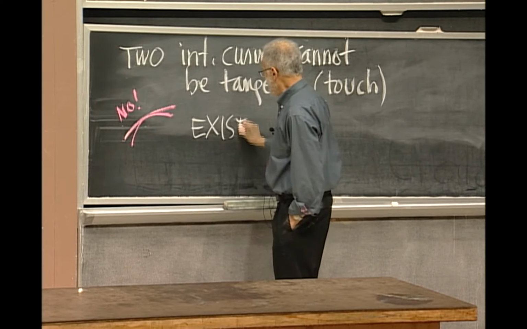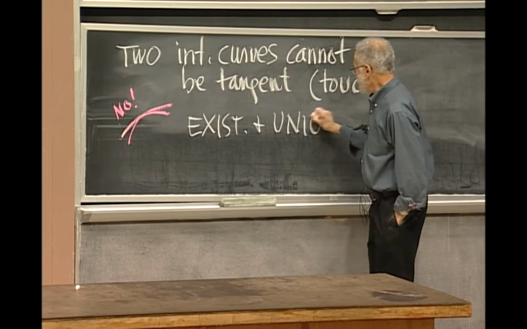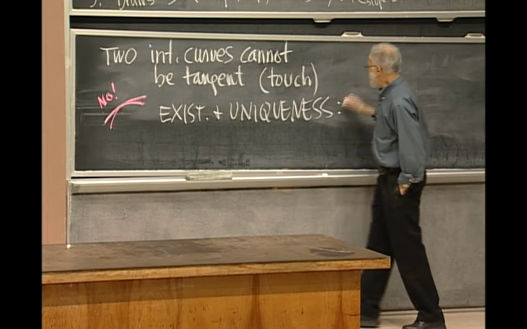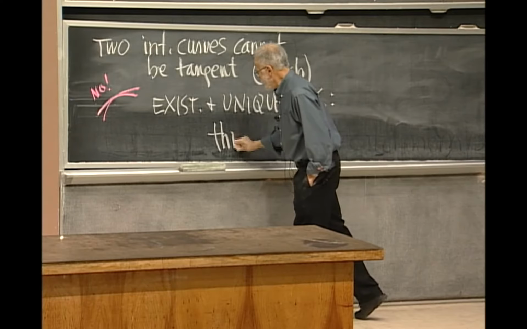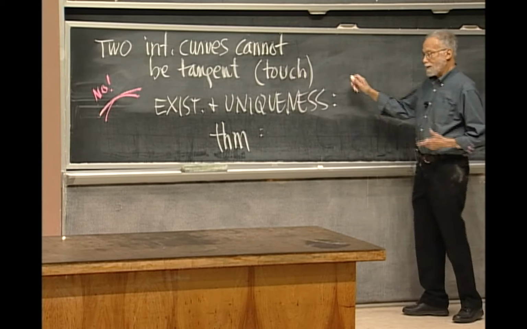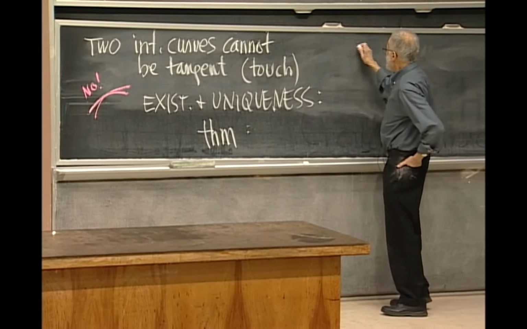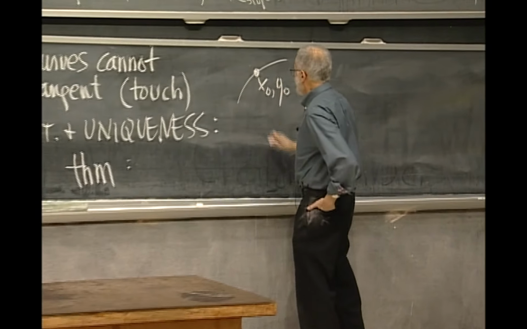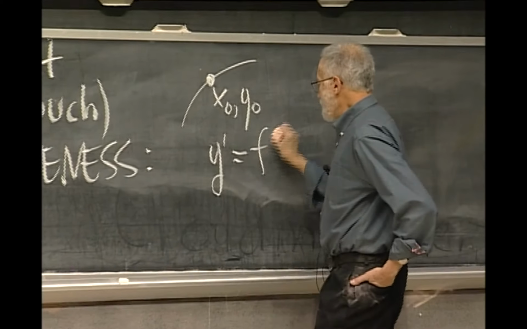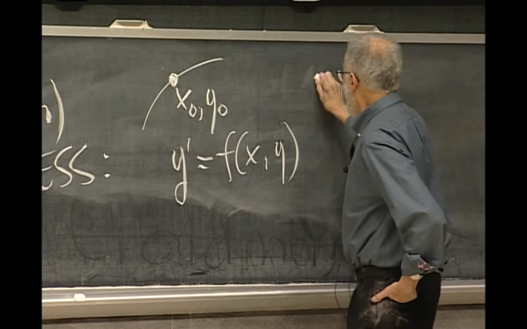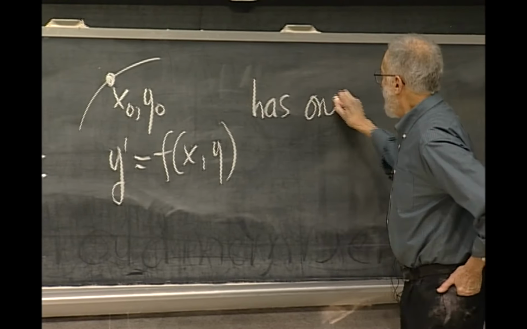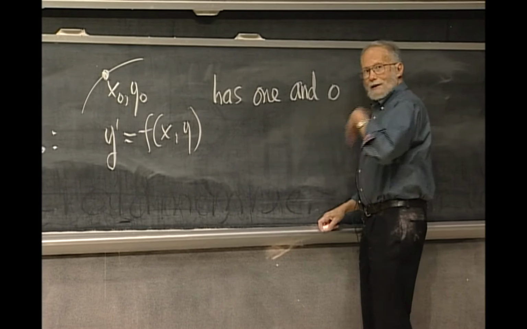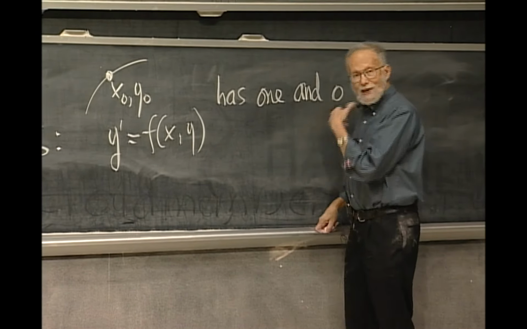Existence and uniqueness theorem, which says that through a point x0, y0, y prime equals f of x, y has one and only one solution. In mathematics speak, saying it has one solution means at least one solution.